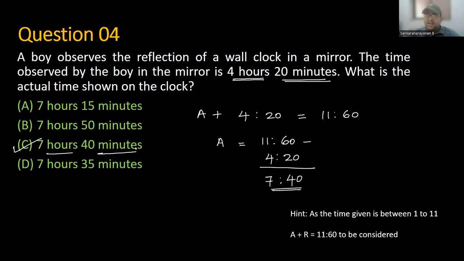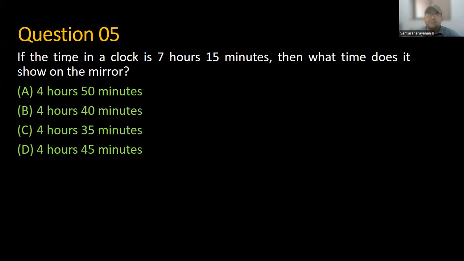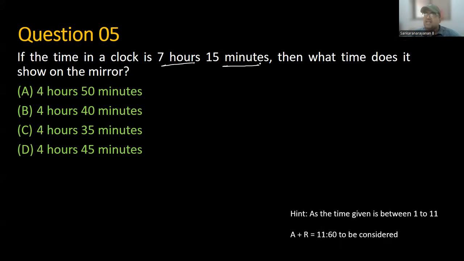Now let's consider the next question. If the time in a clock is 7 hours 15 minutes, then what time will it show in the mirror? Here also, the time given, 7 hours 15 minutes, is between 1 and 11.